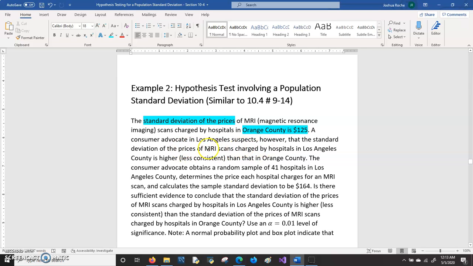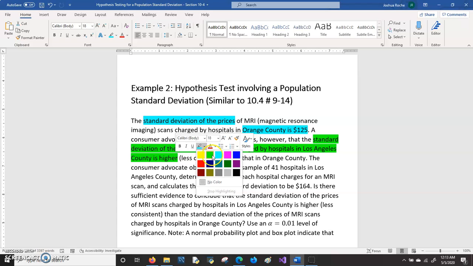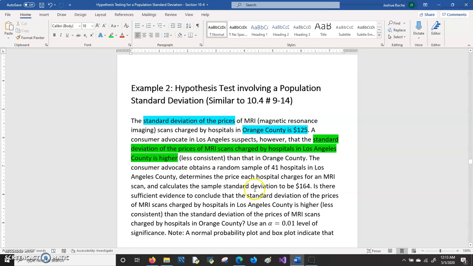And this consumer advocate in particular suspects that the standard deviation of the prices in Los Angeles County is higher than in Orange County. And so to test this out, the consumer advocate obtained a sample of 41 hospitals, and from that sample calculated the sample standard deviation of the prices to be $164.